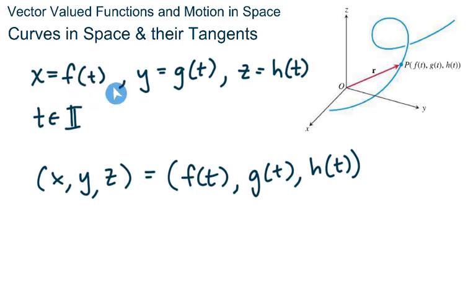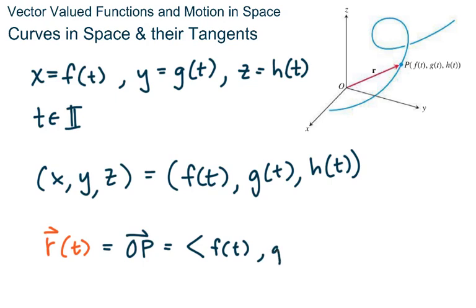So we can use these three parametric equations to represent a vector r. So this vector r of t can also be represented as the vector from O to P, or we could say f of t, g of t, h of t.